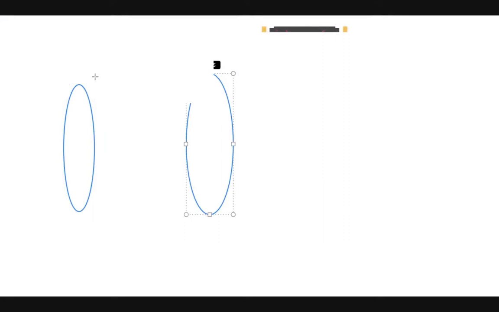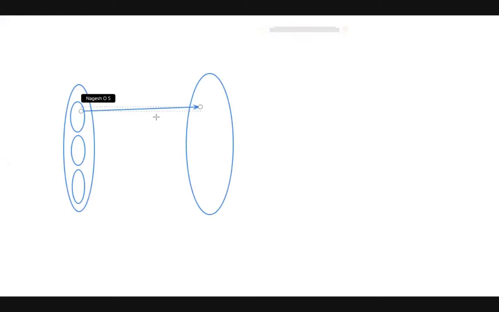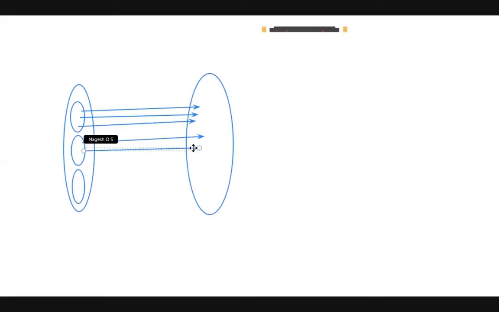Actually, a functional is where you have one set of functions here, not a set, functions, and these functions are mapped to this other set.